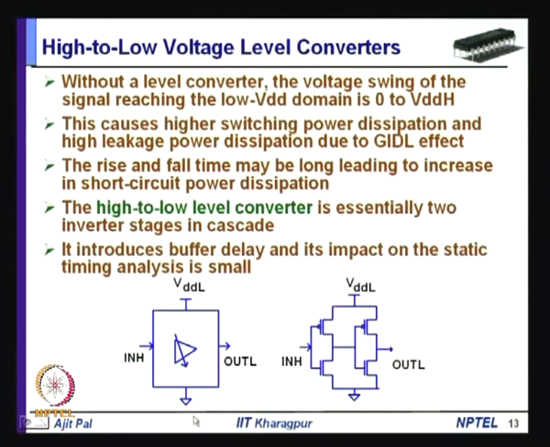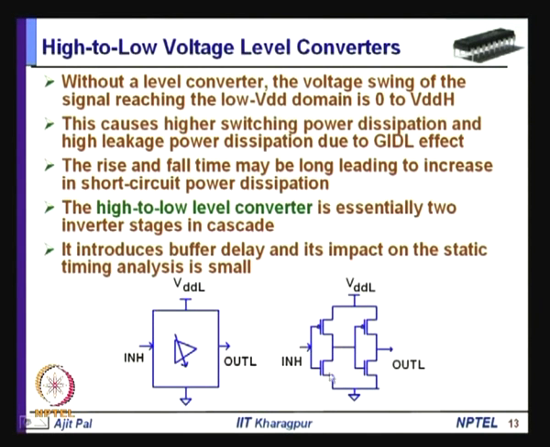The level converter which goes from high voltage domain to low voltage domain has this symbol, and you can realize it in this manner. Here you can see it is essentially two inverter stages with a low level supply voltage. The supply voltage corresponds to the low voltage domain, the input comes from the high voltage domain, and the output generated corresponds to the low voltage domain.